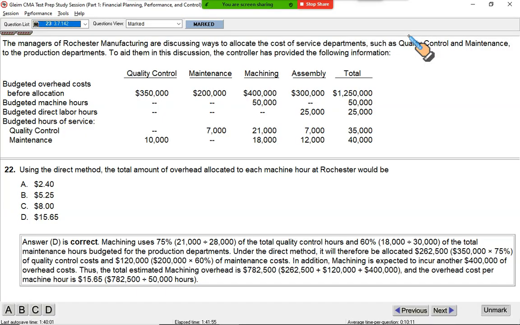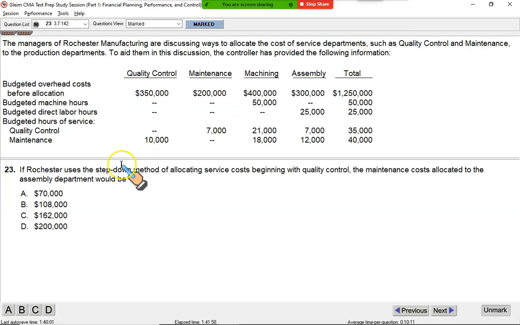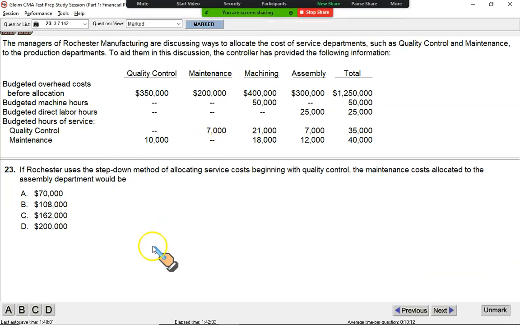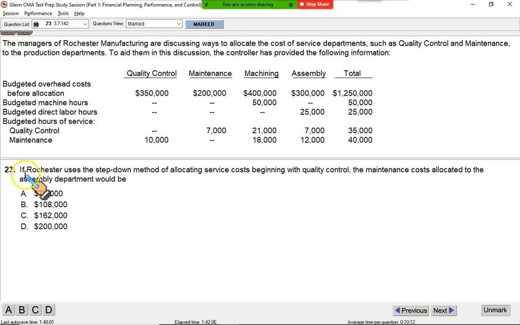And we have the exact question here. Using the step down method, how do we do the calculations? Let's do that. It says if Rochester uses the step down method of allocating service costs, beginning with quality control. You have to see the starting point, quality control.